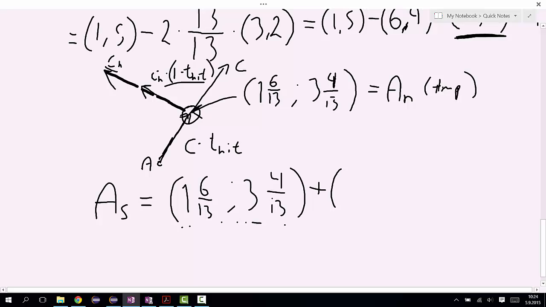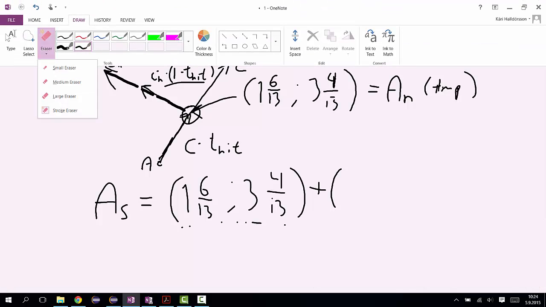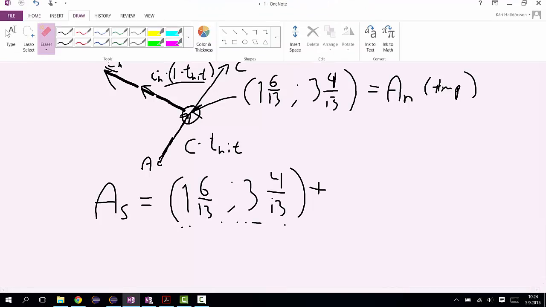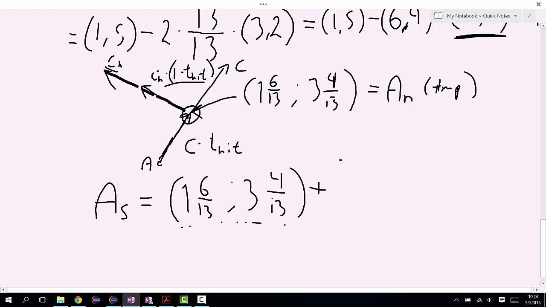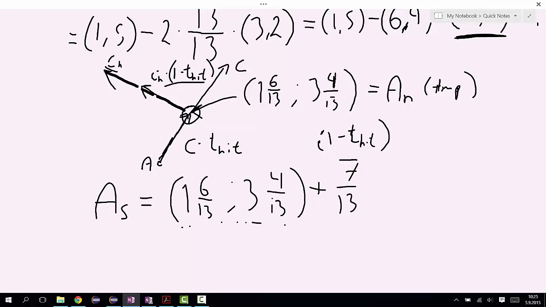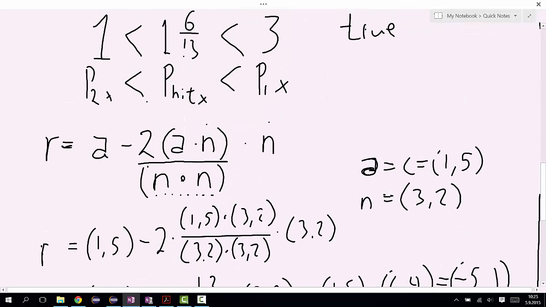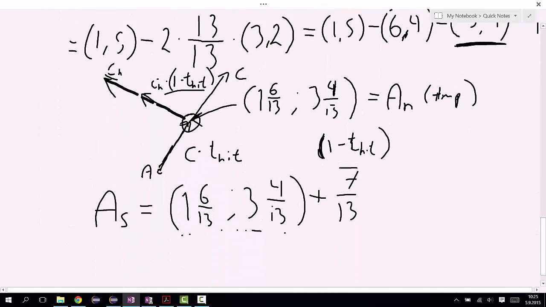plus 7/13. We can just mark that here with 1 minus T hit. 7/13 times the new vector, which is minus 5, 1.